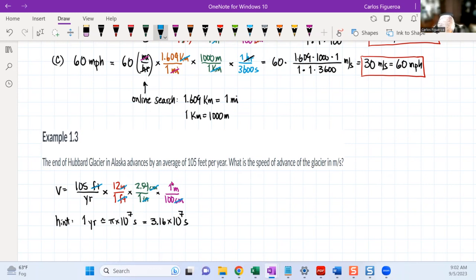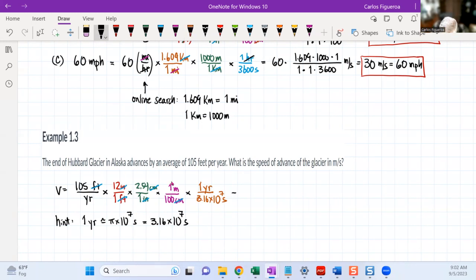Now I'm going to convert year into seconds. If I use this little trick that I have, look at my years. It's in the denominator, so I have to put this in the numerator. And then I'll use 3.16 times 10 to the 7 seconds.